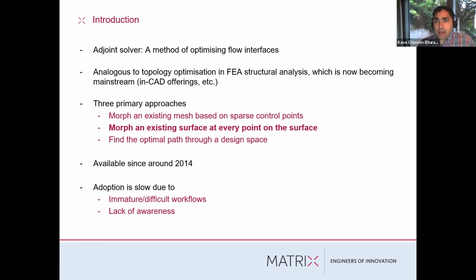It's analogous to topology optimization in FEA. So you may have seen already some examples of mass reducing efforts being applied to structures using topology optimization. It's getting quite mainstream now. Back when I was at Boeing in 2007 or so, I remember seeing it for the first time. Back then it was kind of brand new, but now it's even in CAD and everything. I think the patents have expired or something, and everybody's doing it, so it's quite nice.